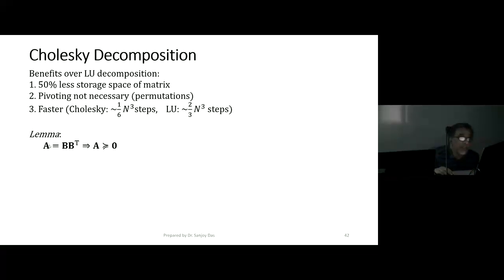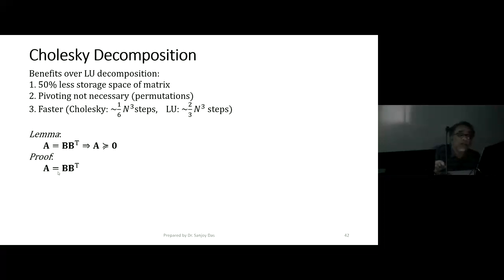If A is equal to some B times some B transpose, if we can factorize A into something of this form, forget L, which is lower triangular, a generic case, then it must mean that A is positive semi-definite. But if, in addition, A is equal to BB transpose and B is full rank, then A is positive definite.